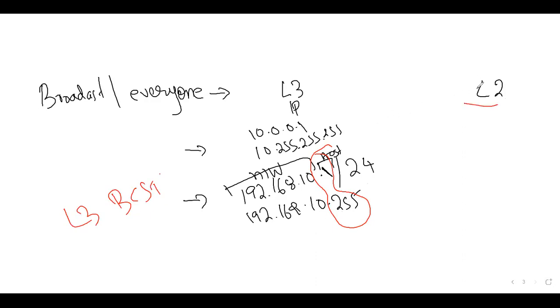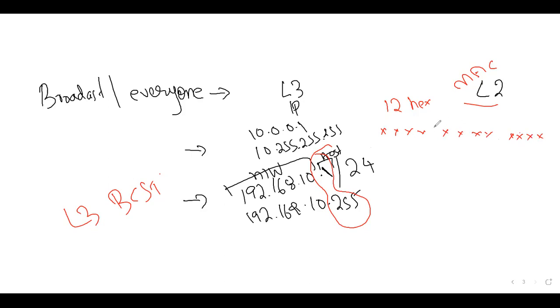The layer 2 broadcast, in the sense of MAC address, you have a 12 hexadecimal digit number. 1, 2, 3, 4, 5, 6, 7, 8, 9, 10, 11, 12.